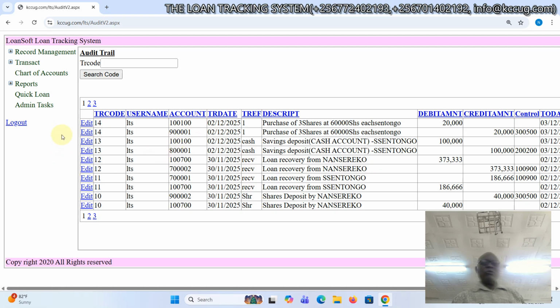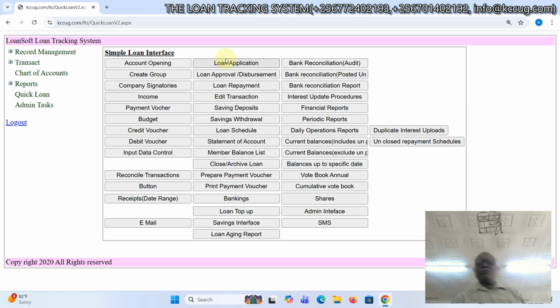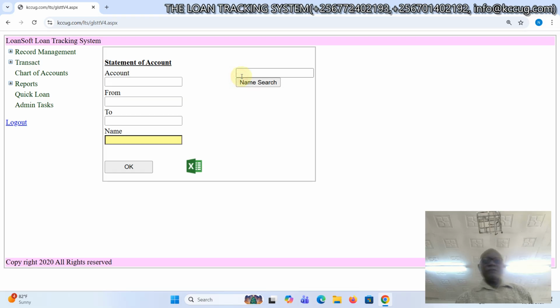If you go to Sentongo's account, I think this one has got to be changed. Instead of 20, we shall put 60. But let us look at the account for Sentongo here.